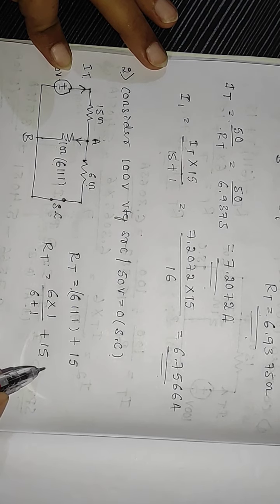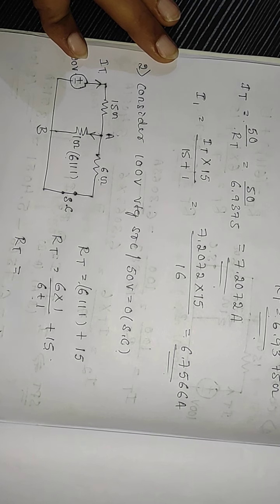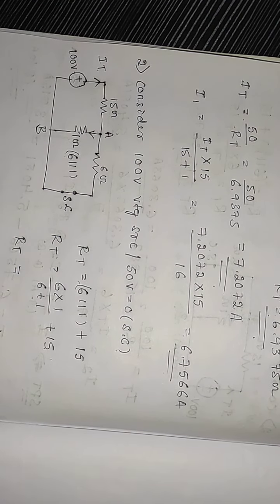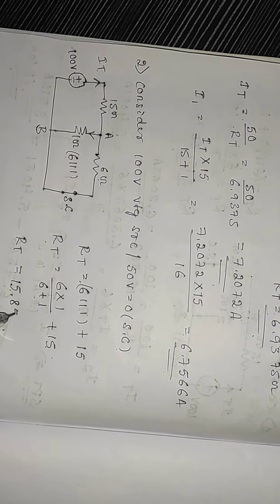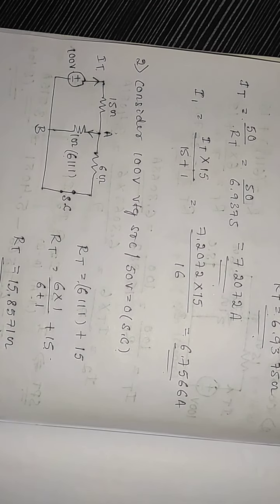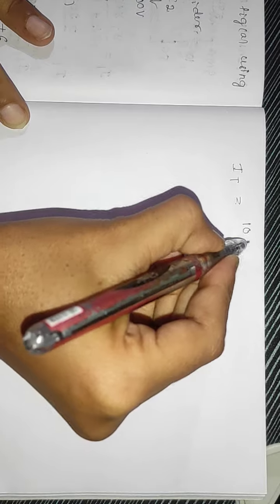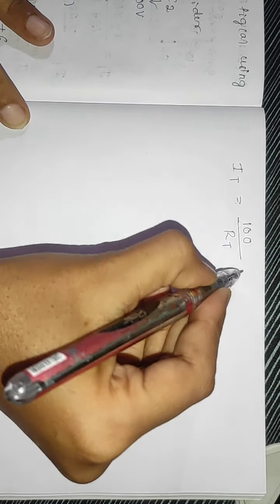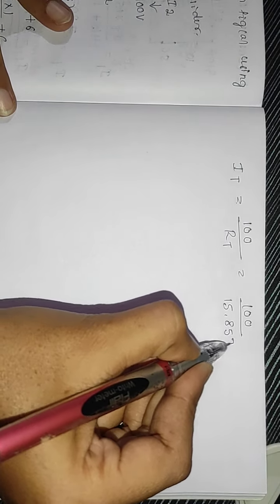That is the total resistance, 15.8571 ohm. The total current equals the total voltage, 100 volt, divided by the total resistance, 15.8571.